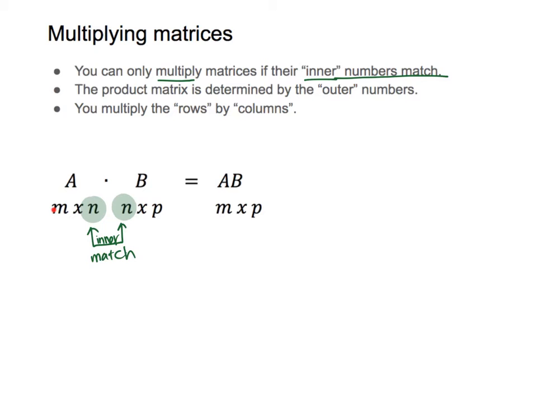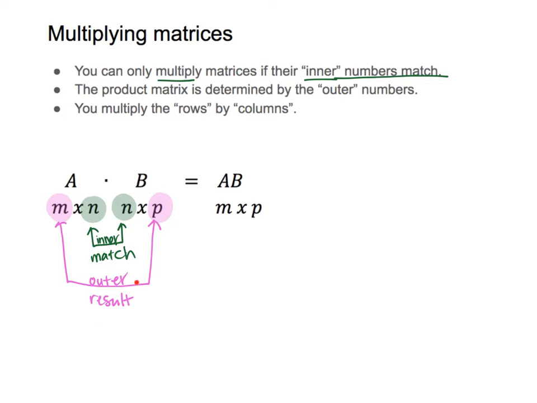Now we're going to look at the outer dimensions, which would be my M and my P. If the inners match, your outer dimensions act as your resulting size for your new matrix after you've multiplied. So we refer to these outer numbers as your resulting size.